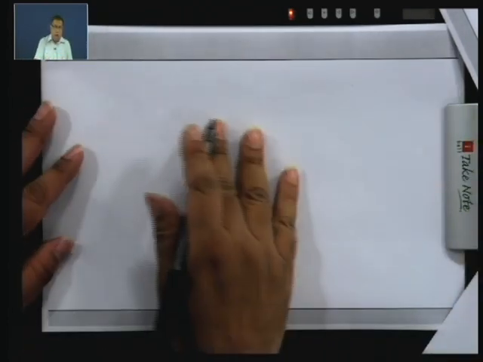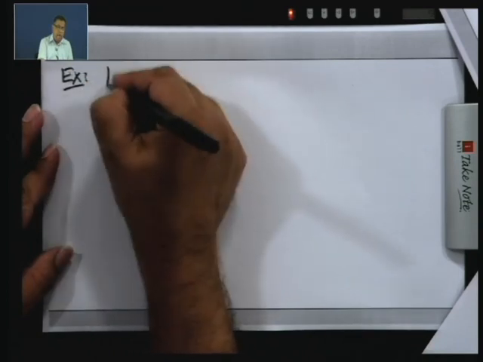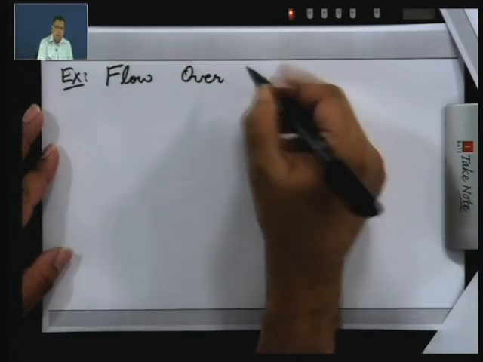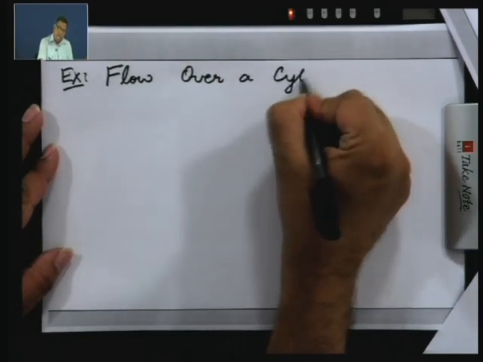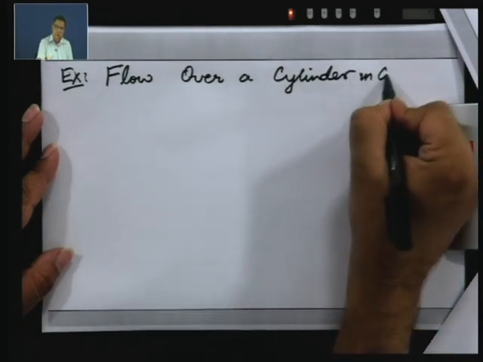Now, let us look at a familiar example: flow over a cylinder in cross flow.